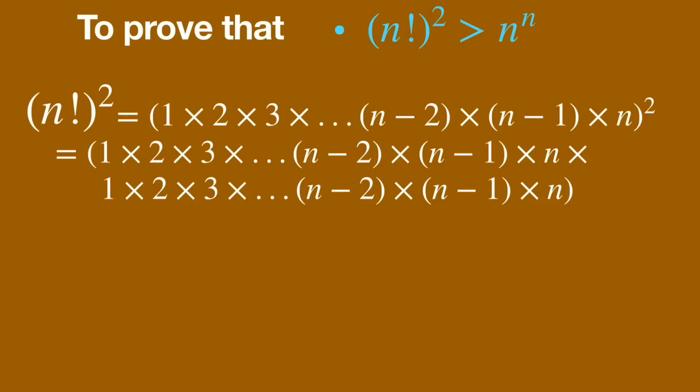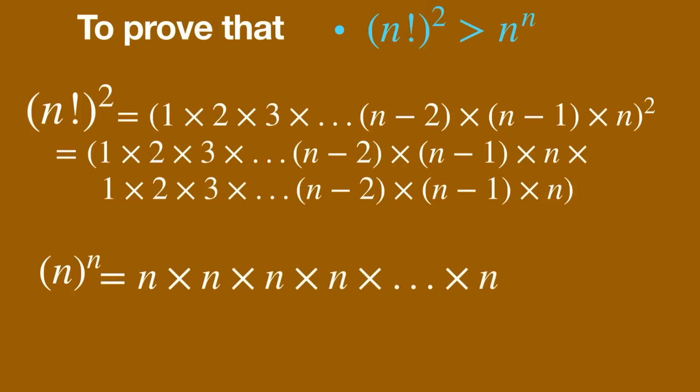So this is the expanded expression of (n factorial) square. And now n to the power n means n into n into n up to n times multiplied. Clear? These are n times.